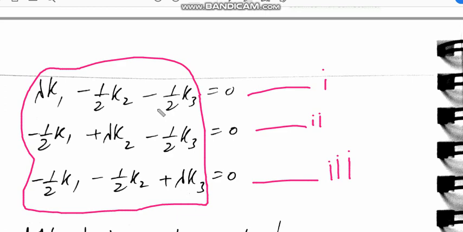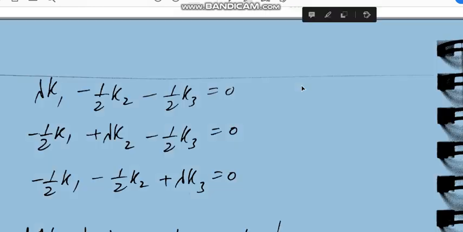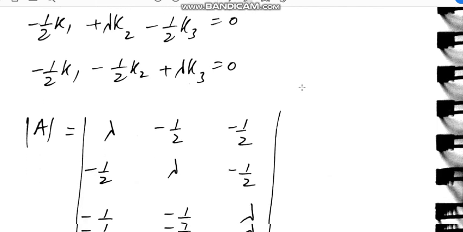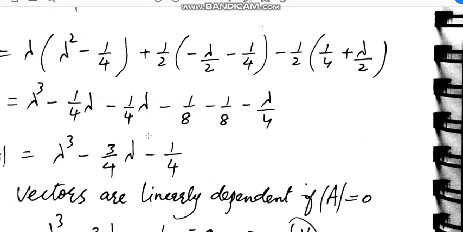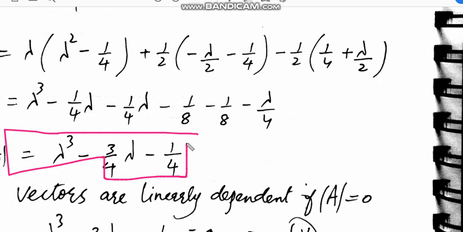K1, K2, K3 are our variables. Then the second row will be minus 1 by 2, lambda, minus 1 by 2. The third row will be minus 1 by 2, minus 1 by 2 and lambda. Now after taking its determinant, we reach this step where the determinant of A is equal to this quantity.